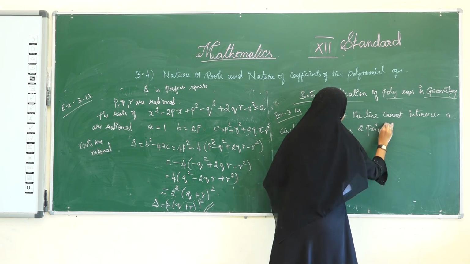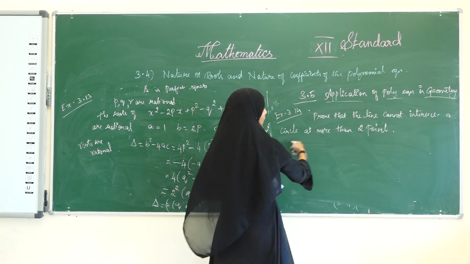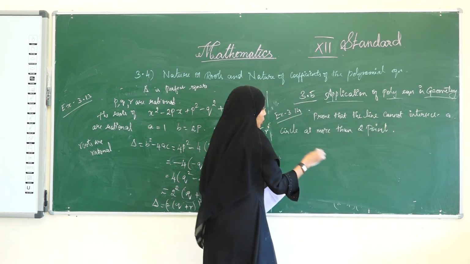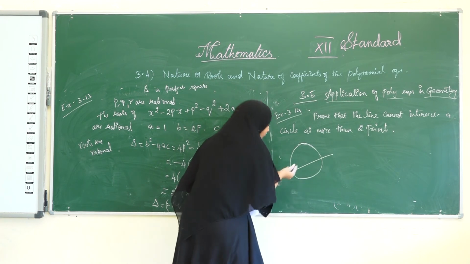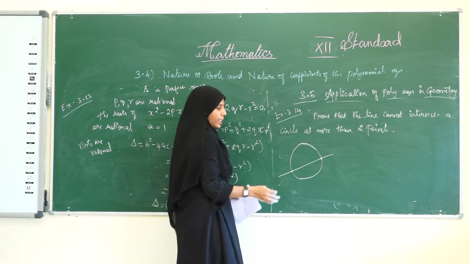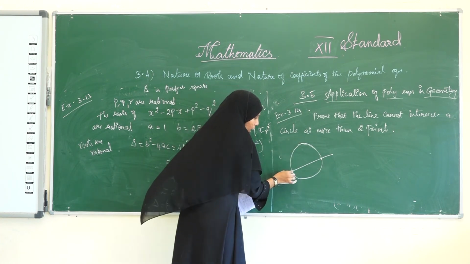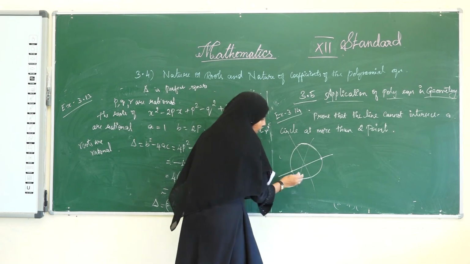They have given two shapes, a circle and a line. So there is a line and a circle. See, when a line intersects the circle, it intersects the circle at only 2 points. However we draw it, it intersects the circle at only some 2 points.